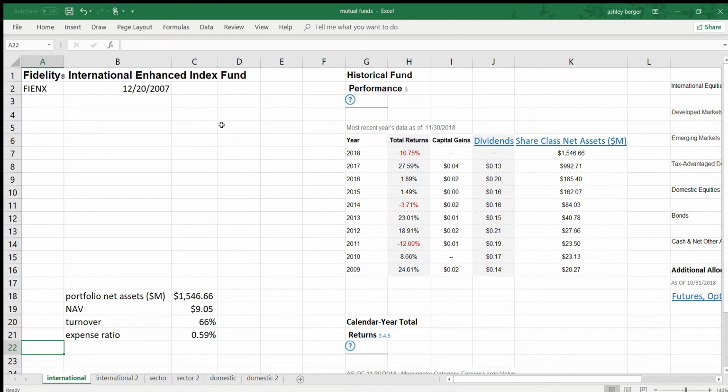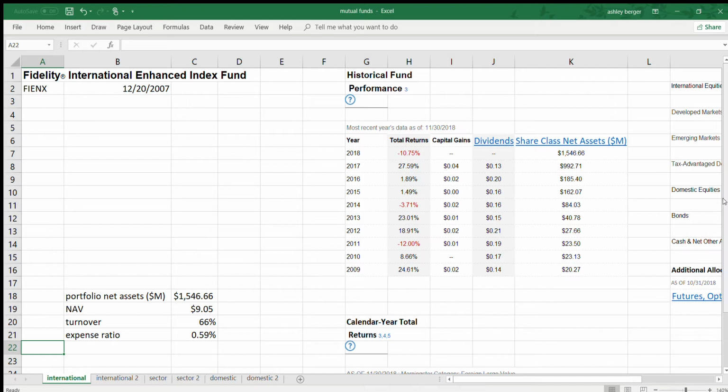So for this project, I'll be looking at 6 mutual funds, 2 international, 2 sector, and 2 domestic. The first international mutual fund is Fidelity International Enhanced Index Fund, which was incepted on December 20th, 2007.